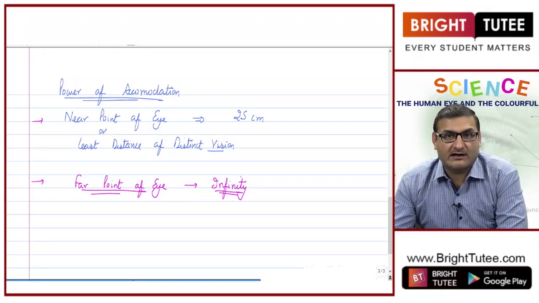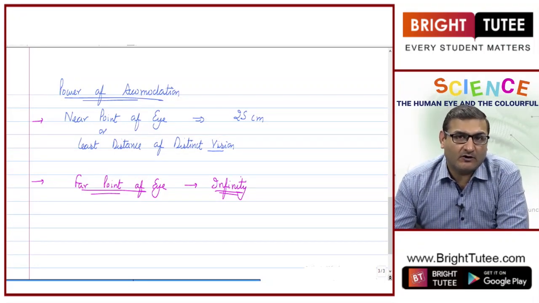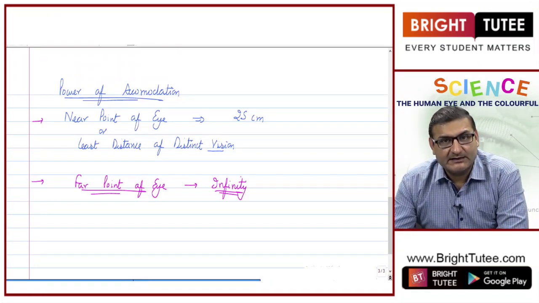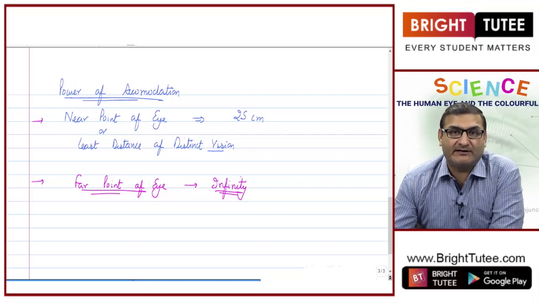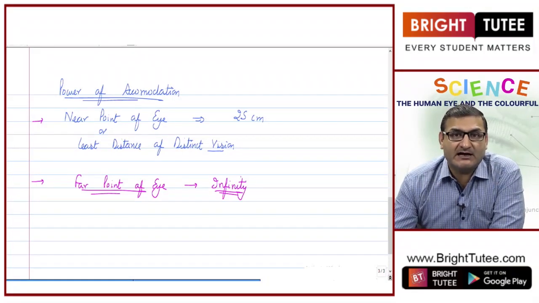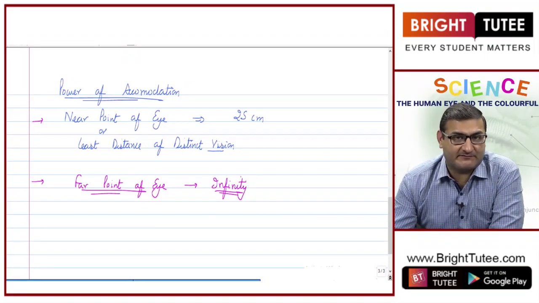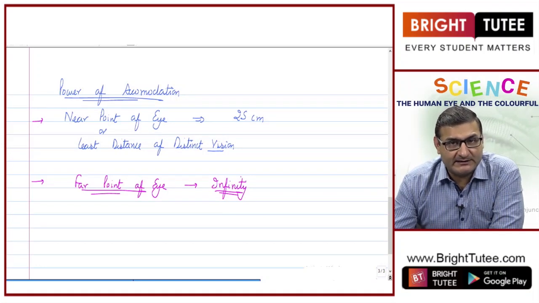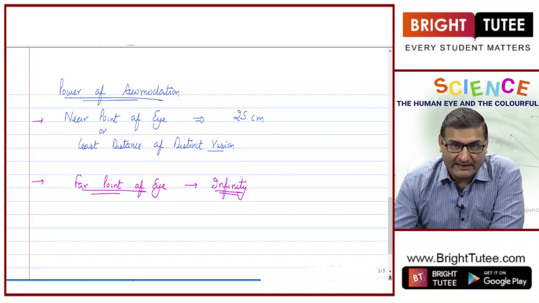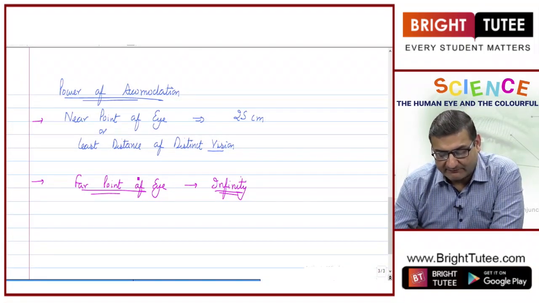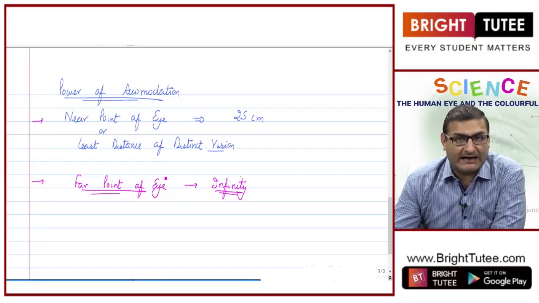No. Earth is round, that is below the horizon, or because of the dirt and dust layers, but we can see the sun, the moon, and the stars, which are, trust me, far away from America. If we can see the sun, the moon and the stars, which are millions of kilometers away from us, that means our eye is capable of looking at infinite distances, and that distance is known as the far point of the human eye.